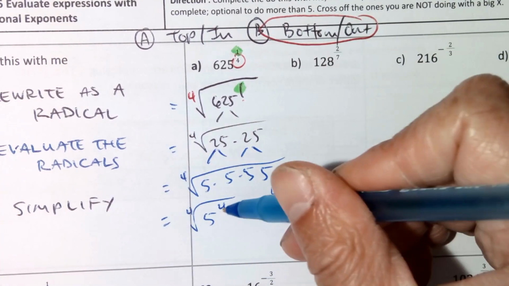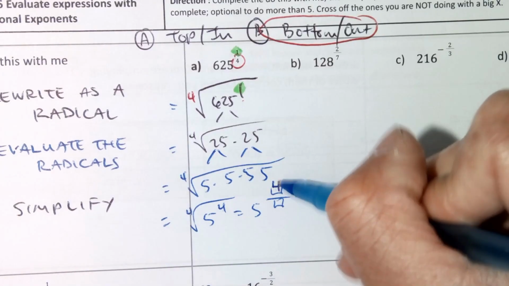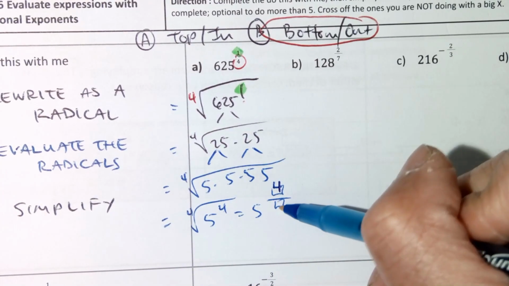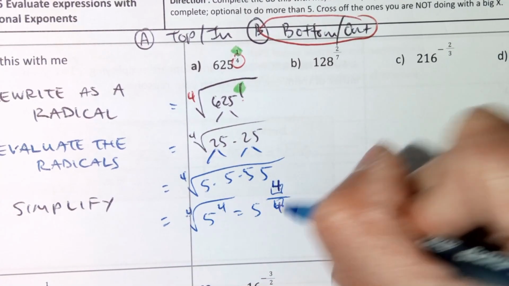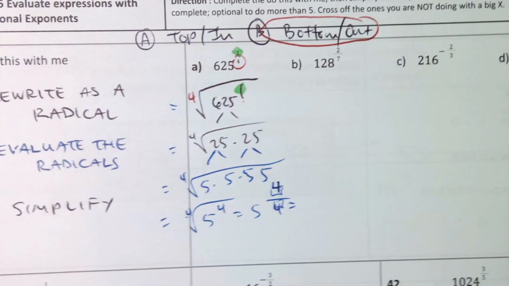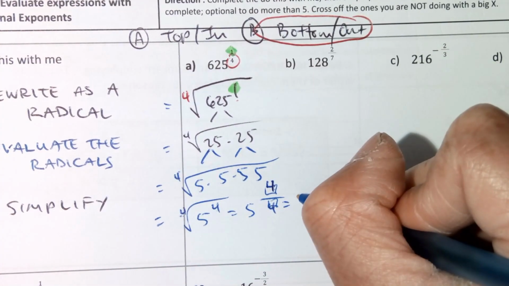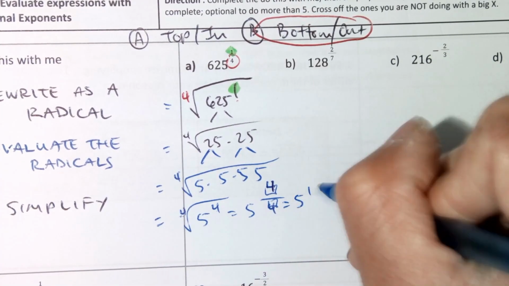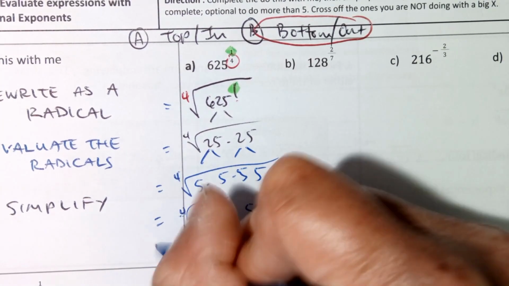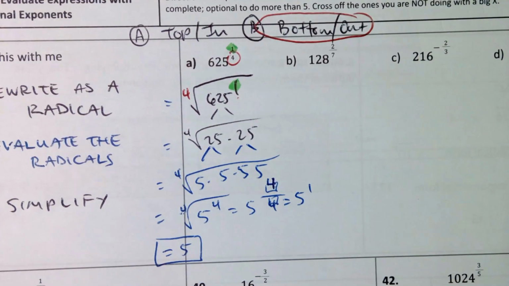If you do top in and then bottom out, you get 4 divided by 4 is just 1. So your answer is just 5. Okay, that's doing it by hand.